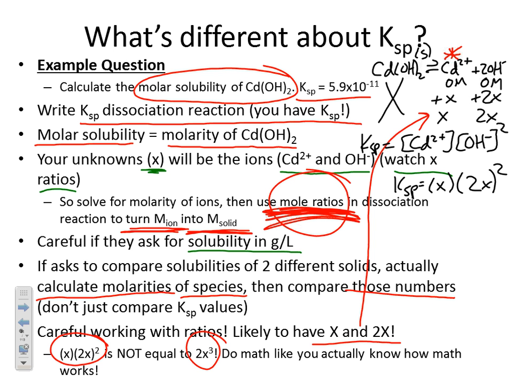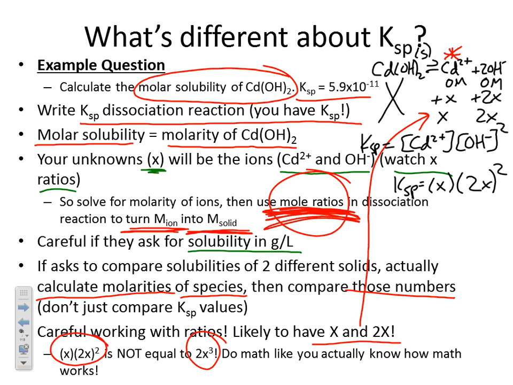X times the quantity 2x, which is squared, is not 2x cubed. Do math like you know how math works. You have been through so many math classes in your life. Do not make that mistake. Square the entire quantity of 2x, which is 4x squared, and then you multiply it by another x and you get 4x cubed. Do that.